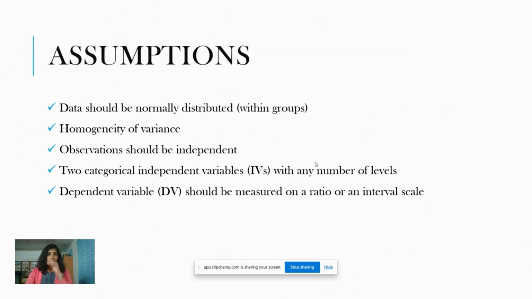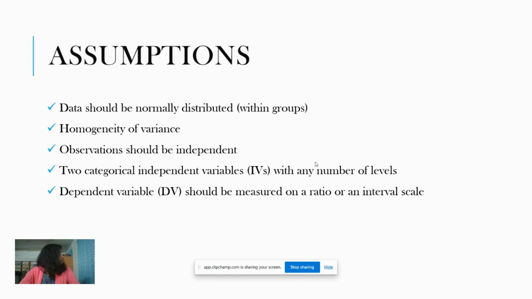Coming to the assumptions of the test, it's a parametric test, so as we all know, data should be normally distributed within the groups, and homogeneity of variance should be met.